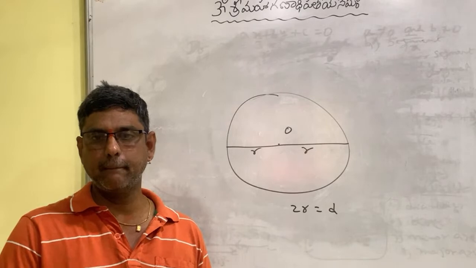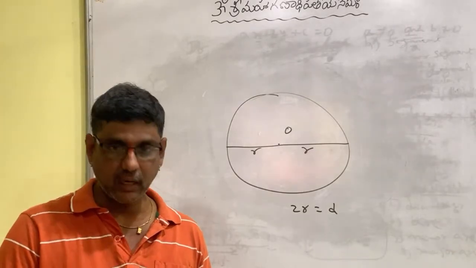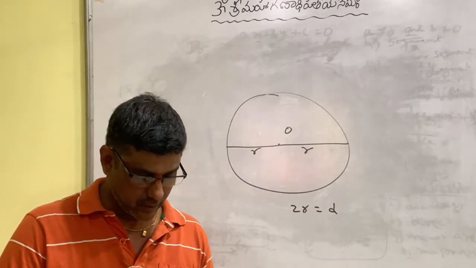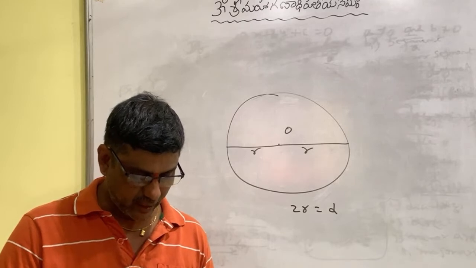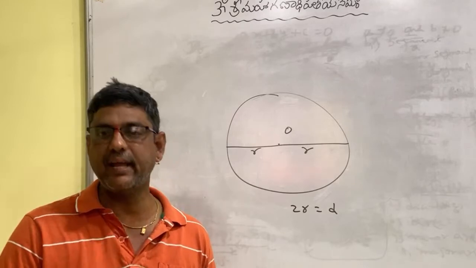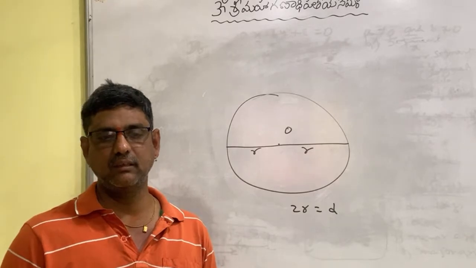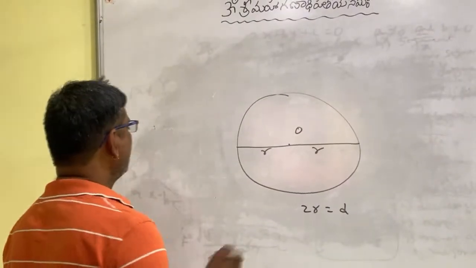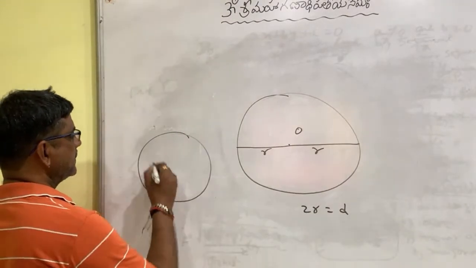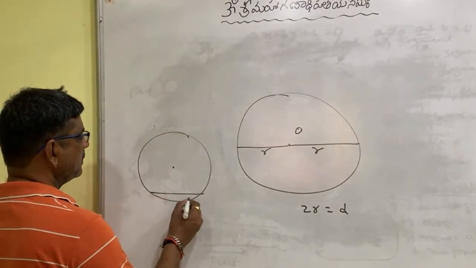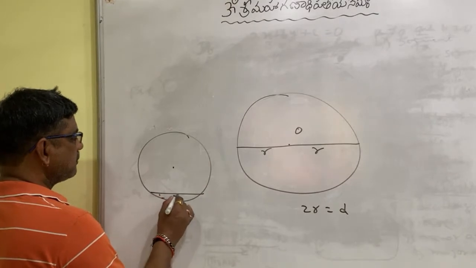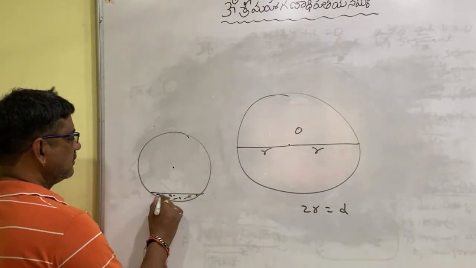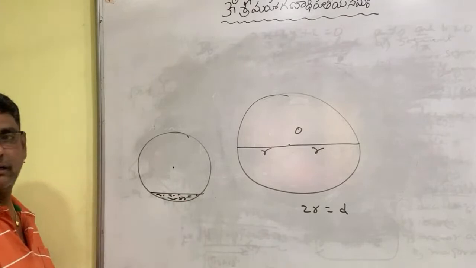And not last but one. Sector is the region between a chord and its corresponding arc. Is that right? He is talking about this one.